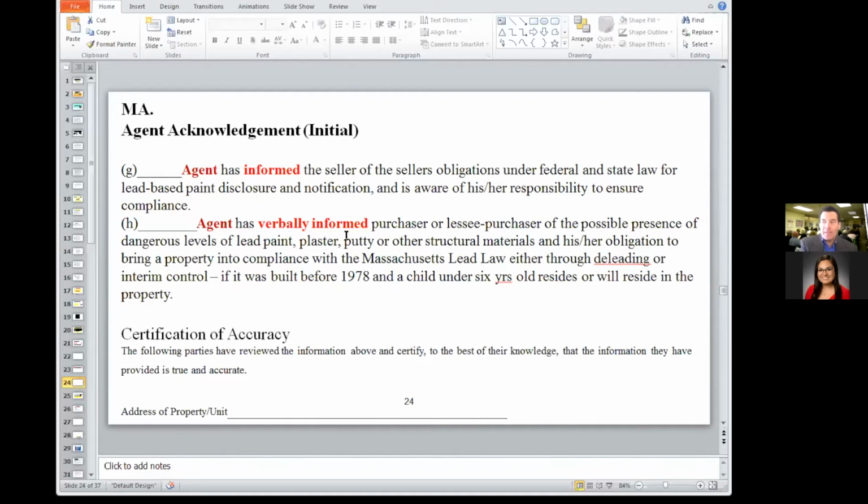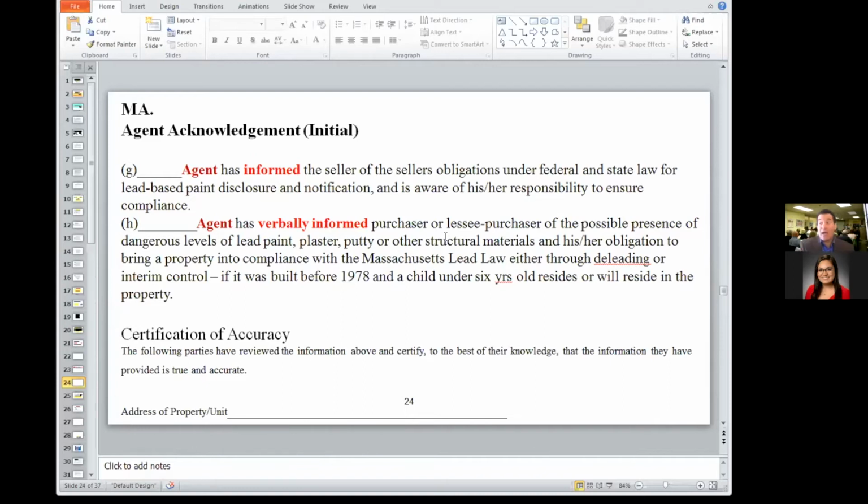I am verbally telling you because the law requires it. I'm the agent and I'm informing you that this property could be dangerous. It could have dangerous levels of lead in the paint, the plaster, the putty, and other structural materials.